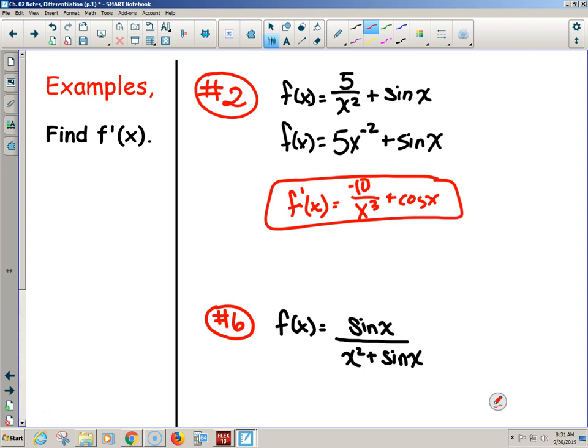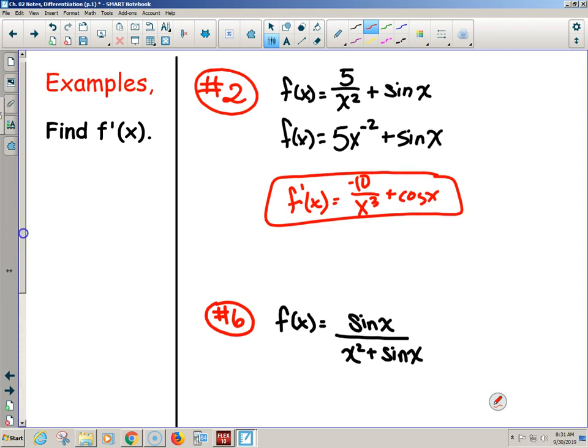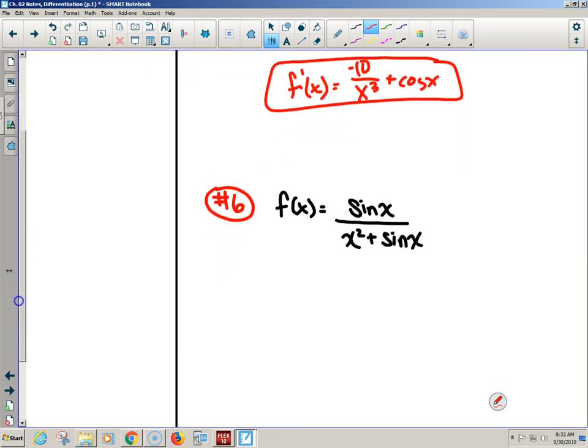Does it make sense? Okay. But why wouldn't I want to rewrite this one? I don't know how to rewrite sine. It's not just an x to a negative power. Okay, so we can simplify. Now, hold on. Let's just assume we can be kind of uppity for a second.